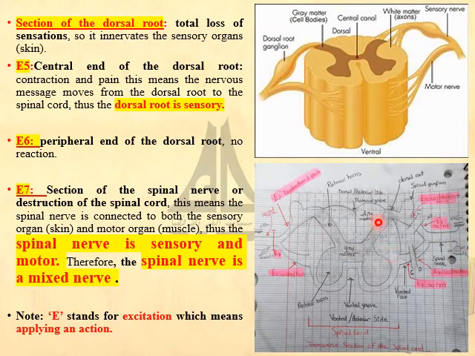So what can you conclude from this? Can we conclude that the sensory message, the message that is received by the sensory organs, moves from the dorsal root toward the spinal cord, and it will be taken through the ventral root to the effector organs to ensure contraction?